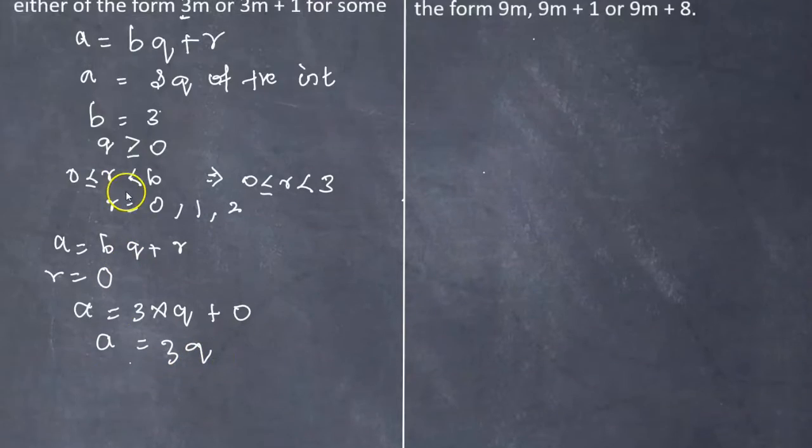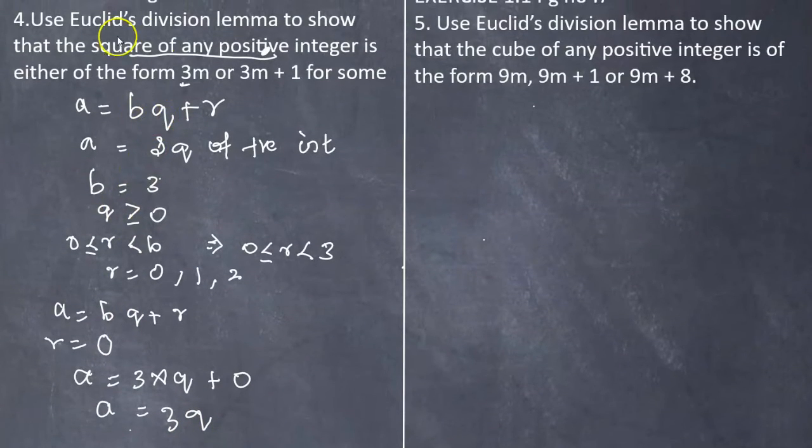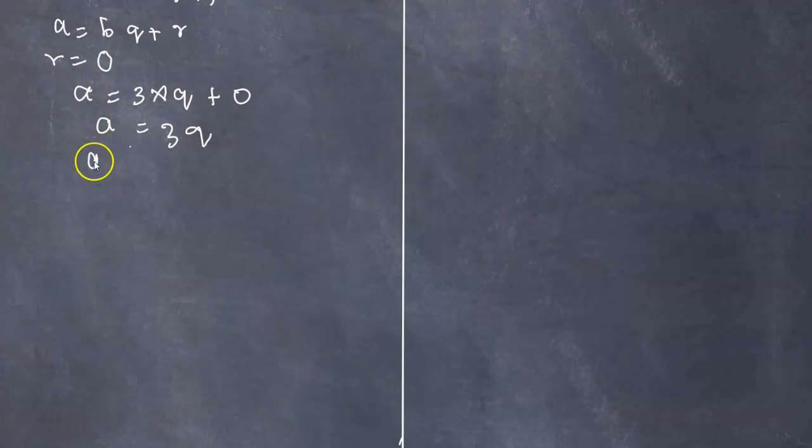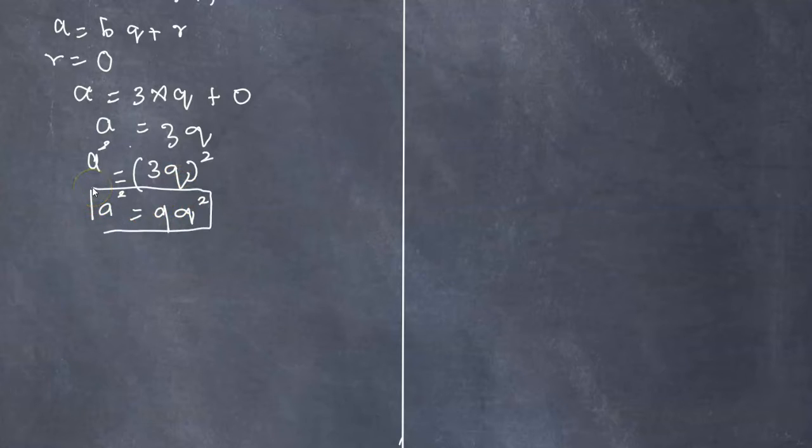Now, since they are asking for the square of any positive integer, we have to square this value. So a square equals 9q into q, which is 9q square. So this is the first equation.